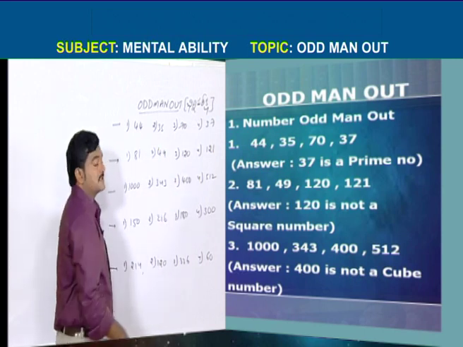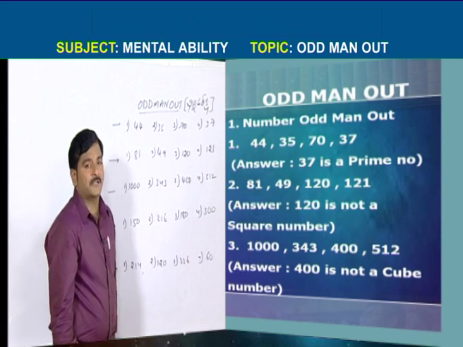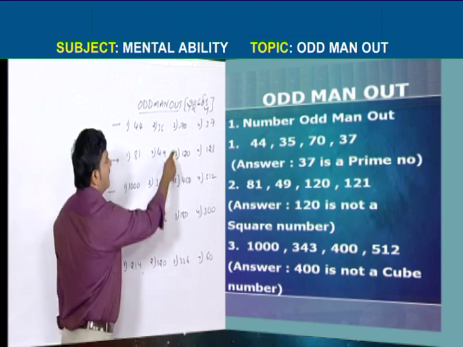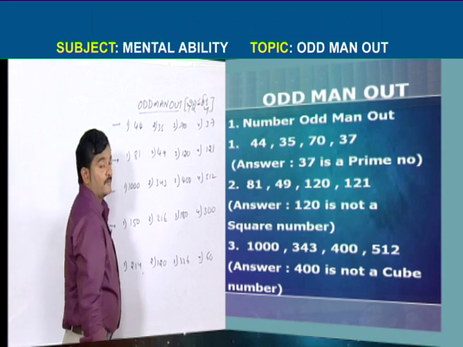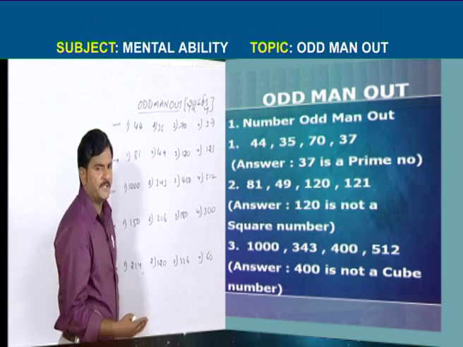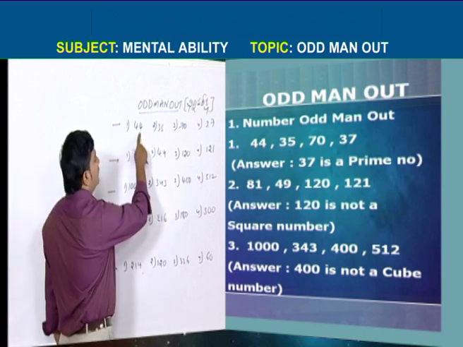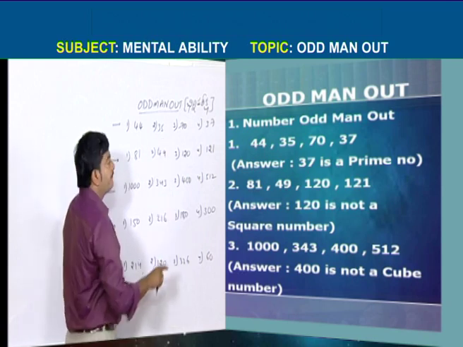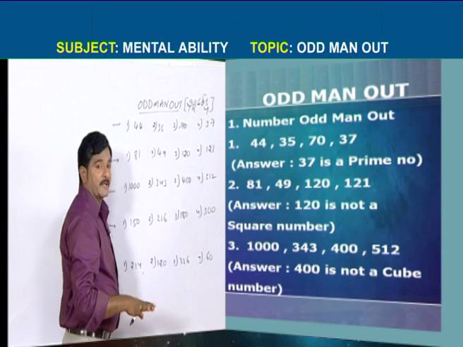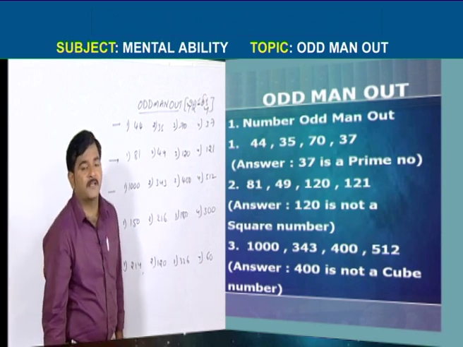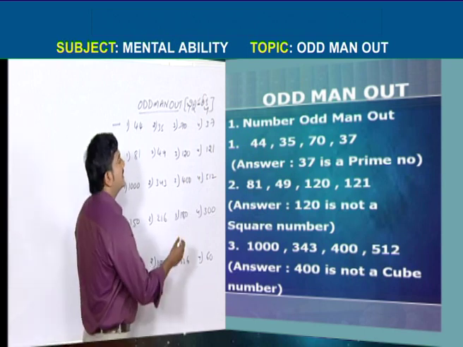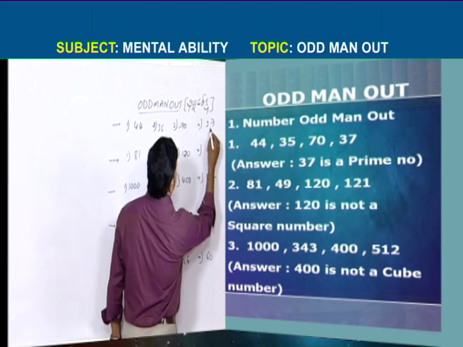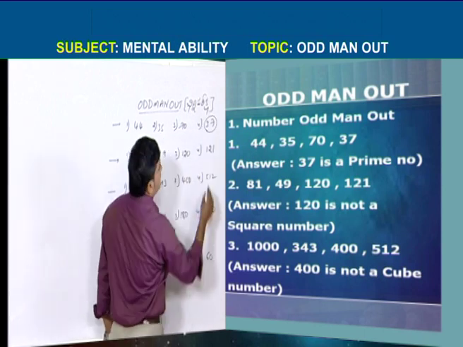These 3 numbers are composite numbers because they have different factors. 44 is not a prime, 35 is not a prime, 70 is not a prime. What about 37? 37 is prime. Hence, the answer for this question is the fourth.